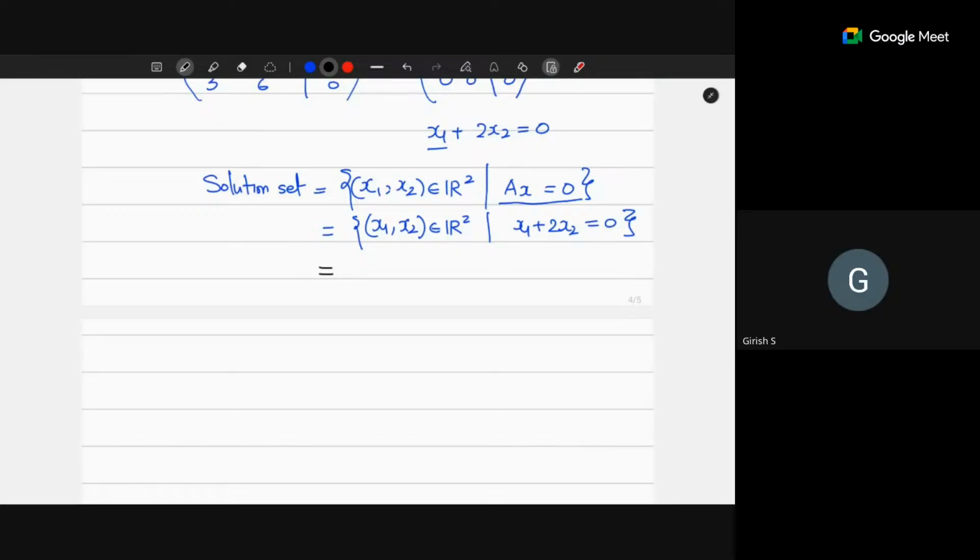But let's switch x1 in terms of x2. So x1 becomes minus 2x2, x2, in R2. All right.